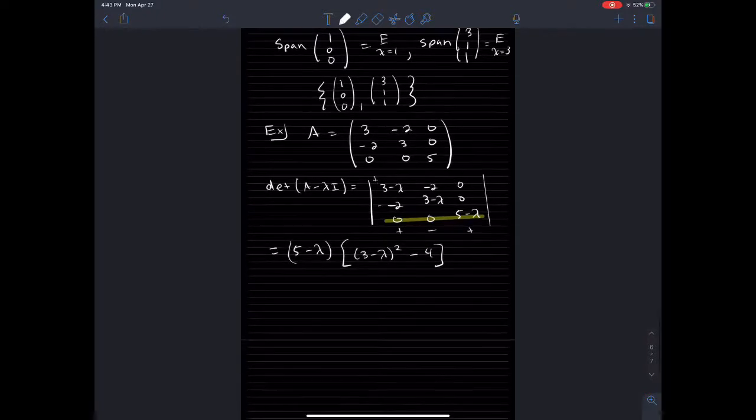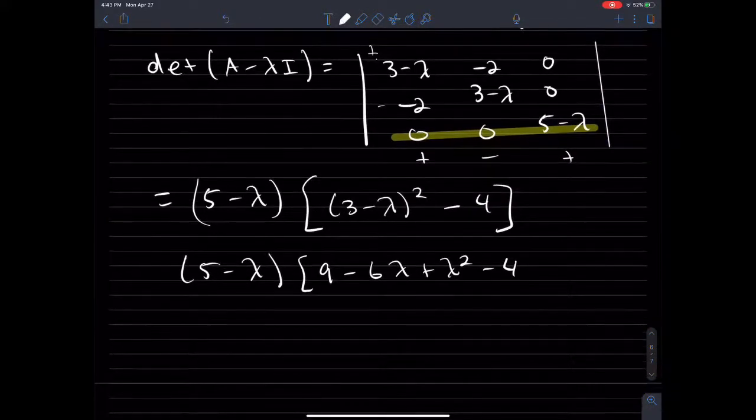And I get 5 minus lambda times 9 minus 6 lambda plus lambda squared minus 4 equals 0.